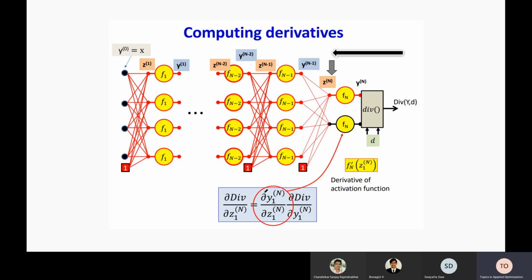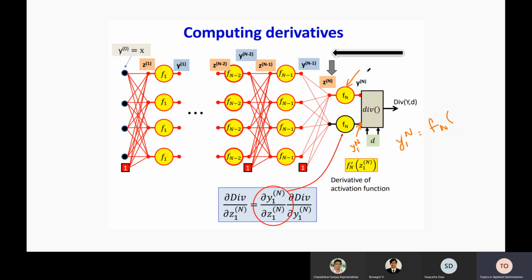So we forget about this now. Now let us focus here. What is this quantity? So this is del y1n by del z1n. So what was y1n? Wasn't this obtained after activation of the z values?